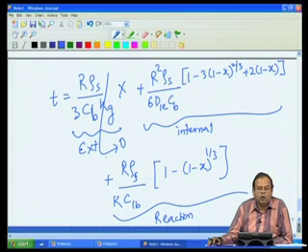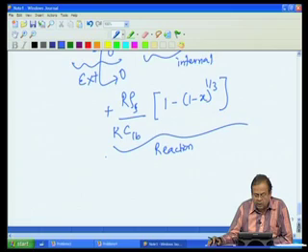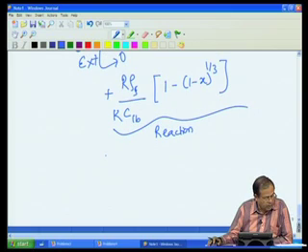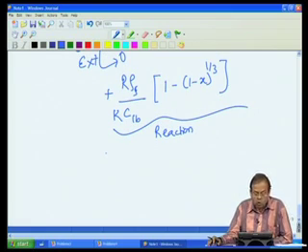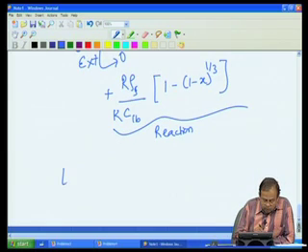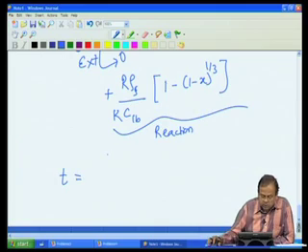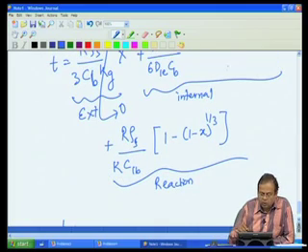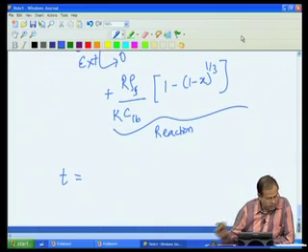Now, how do we do that? Let us assume that internal diffusion controls. Then this term is negligible, only the first term is applicable.